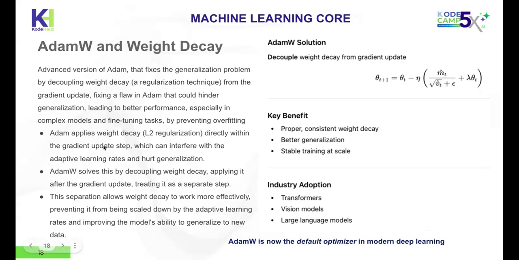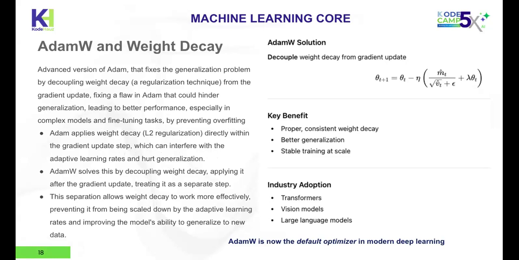So Adam typically applies weight decay, what we call L2 regularization, directly within the gradient update step, which can interfere with the adaptive learning rates and hurt generalization. So AdamW solves this by decoupling the weight decay and applying it after the gradient update. So you only do regularization after the gradient update instead of before, and treat it as a separate step.